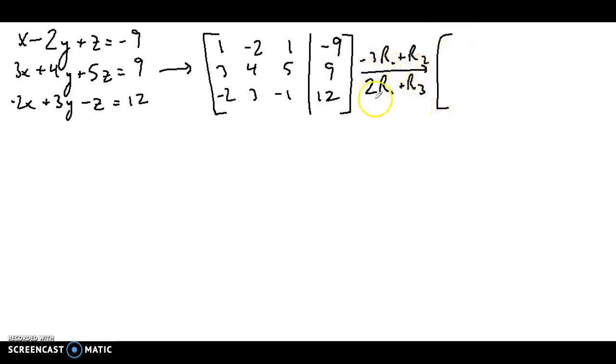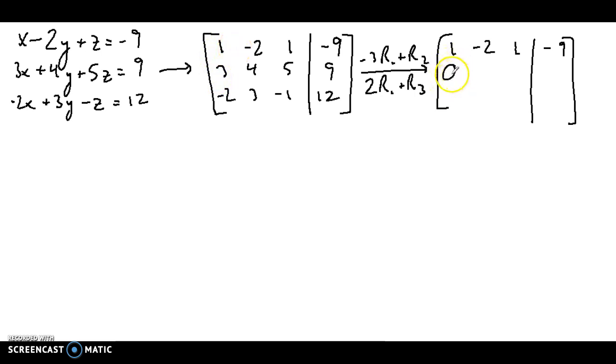Again, notice we are not changing row 1. It appears here, not here in the second part. So row 1 will stay the same. But what we're going to do is change rows 2 and 3 by taking this minus 3 times that. 3 minus 3 is 0.